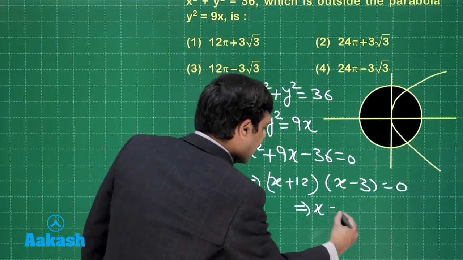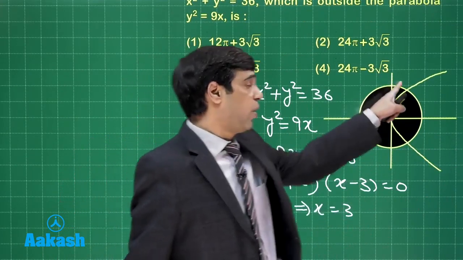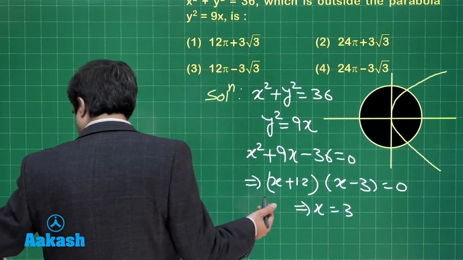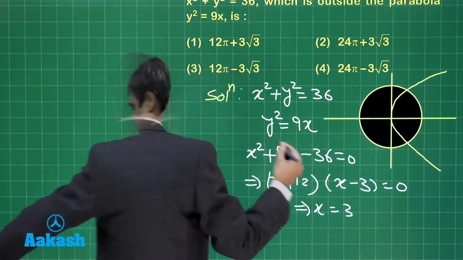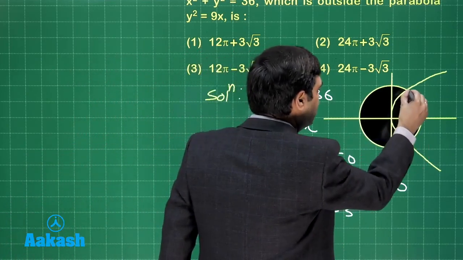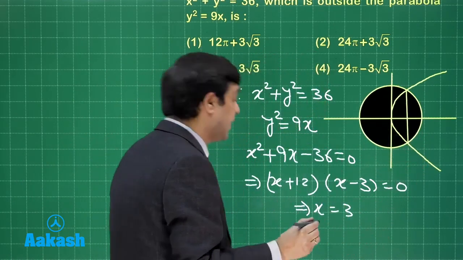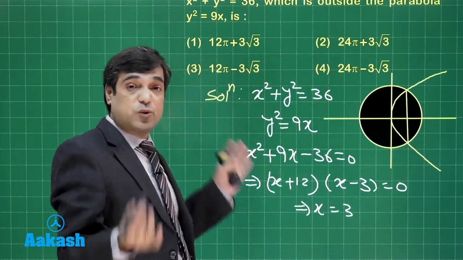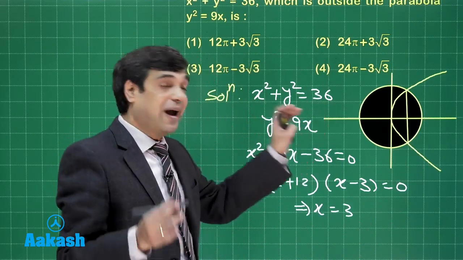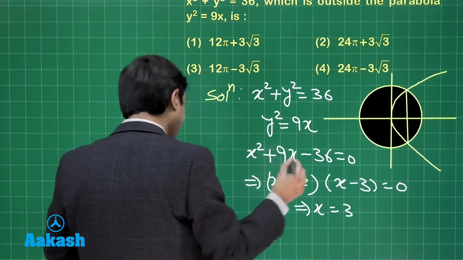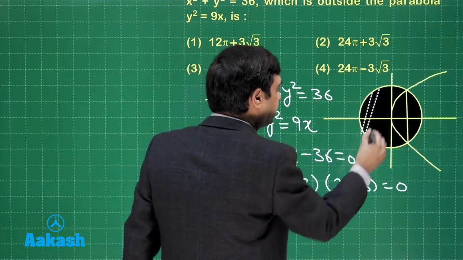Clearly we get x is equal to 3 as the point of intersection. Clear on it? Alright. Now what we need to do? Let's just join these 2 points. Now the question is saying we need the area which is outside the parabola and inside the circle. So our requirement is basically this portion.